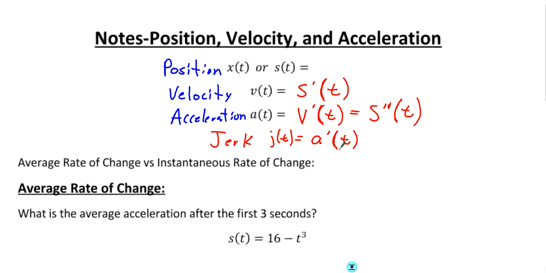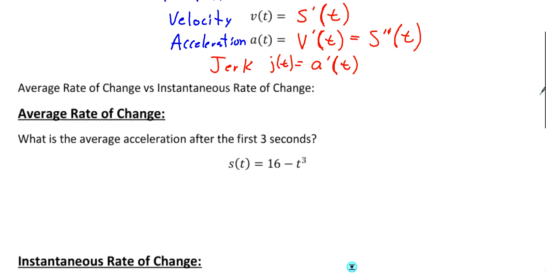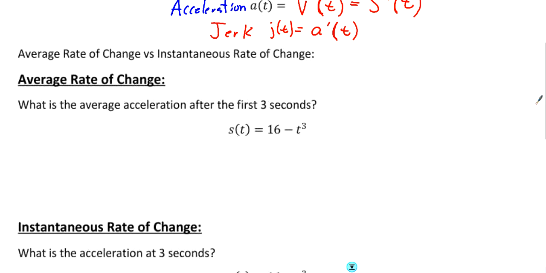Okay? All right, so one of the most confused things that we deal with when we talk about rates of change and velocity and acceleration is this average rate of change versus instantaneous rate of change. Okay, I see my kids do it all the time. So when we talk about average rate of change, for instance, what is the average acceleration after the first 3 seconds?